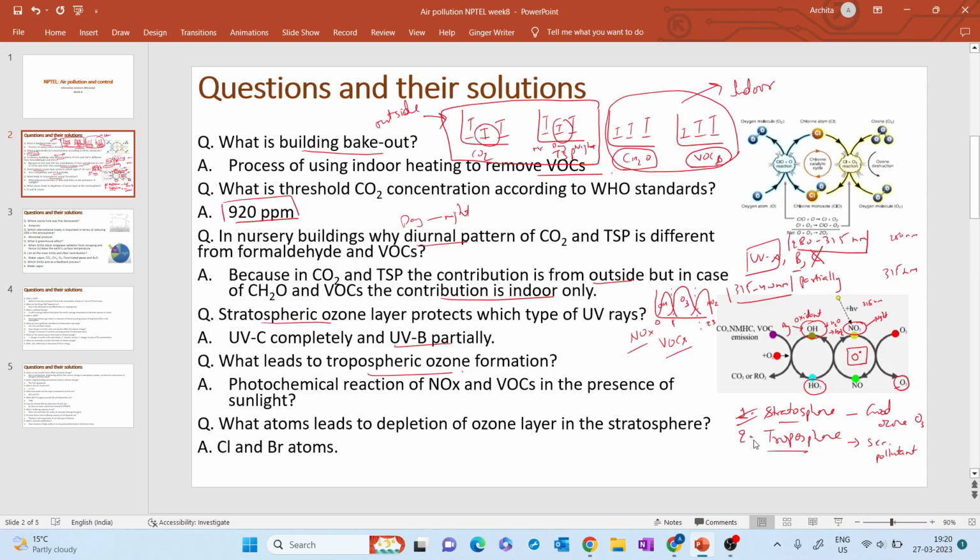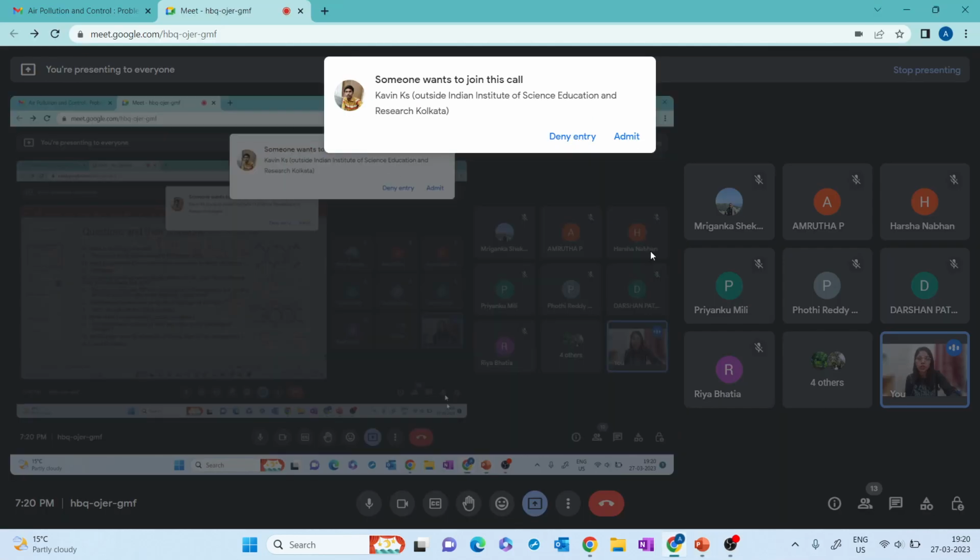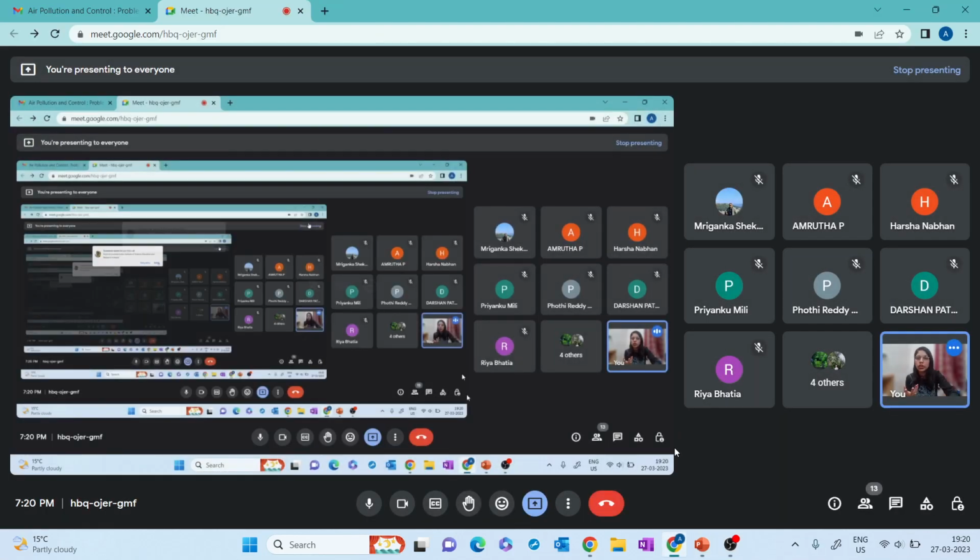That is why it acts as a pollutant also, because this O3 can further react with the VOCs in the atmosphere and can lead to what we call brown carbon particles, or you can say further secondary pollutants.